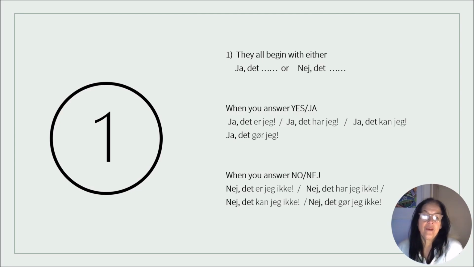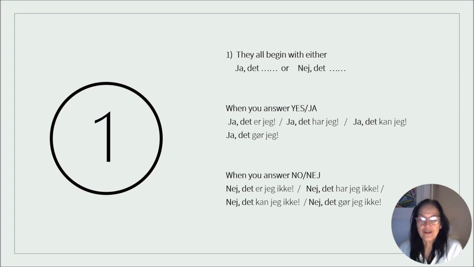So when you answer yes, you will say, ja, det er jeg. Ja, det har jeg. Ja, det kan jeg. Ja, det gør jeg. And when you answer no, nej, you will answer, nej, det er jeg ikke. Nej, det har jeg ikke. Nej, det kan jeg ikke. Nej, det gør jeg ikke. Okay.